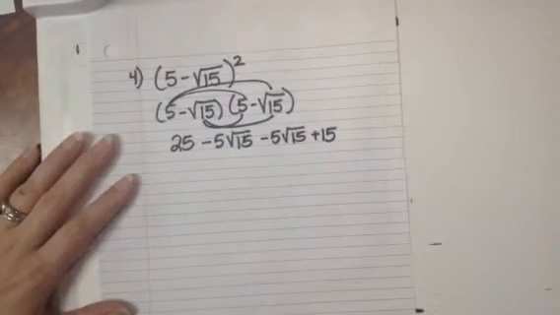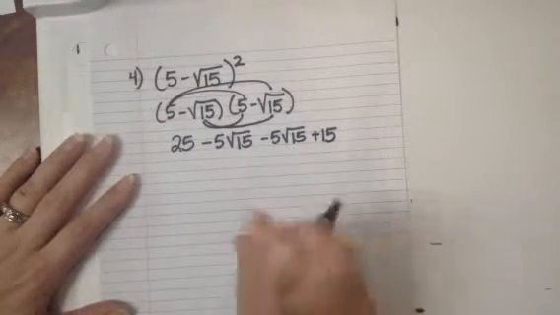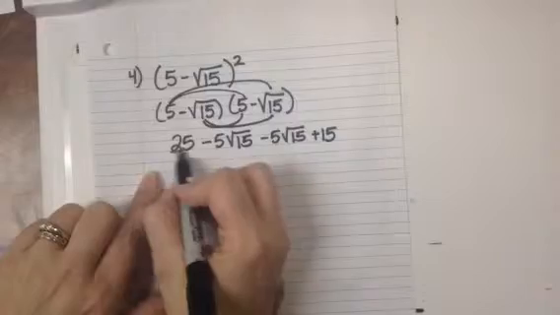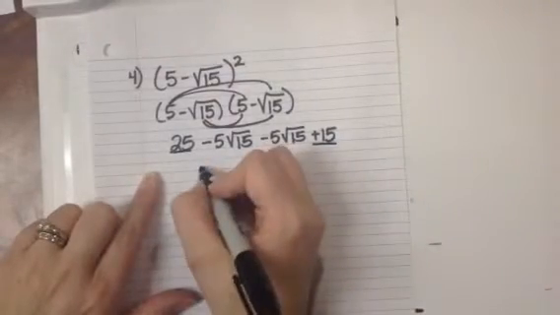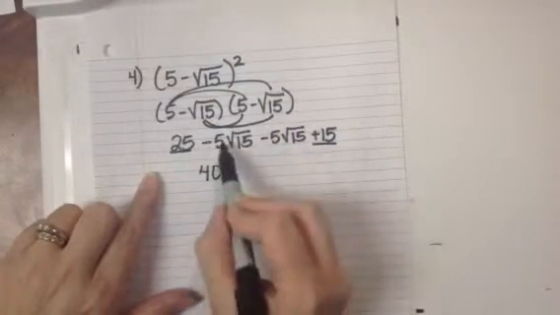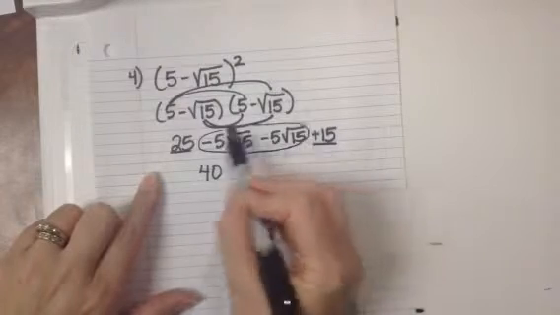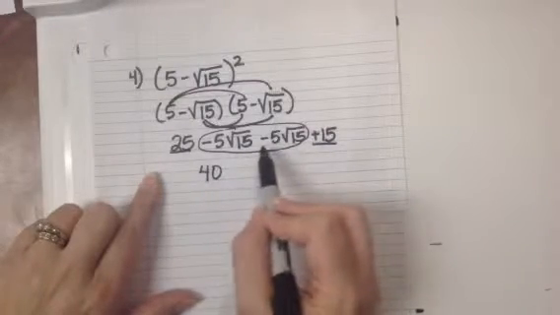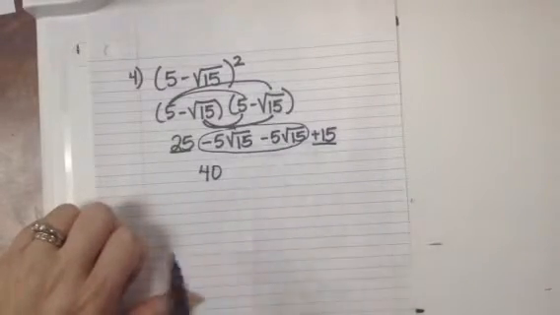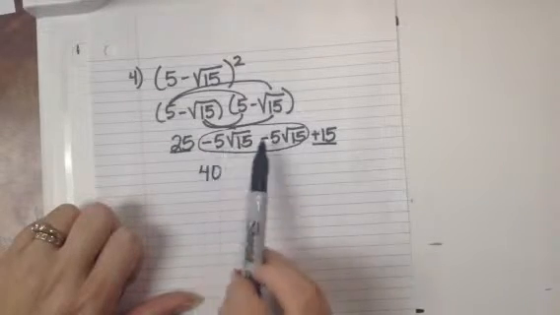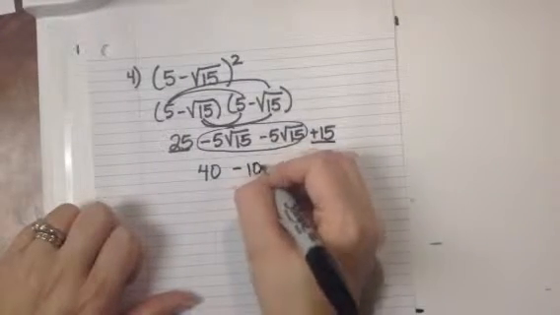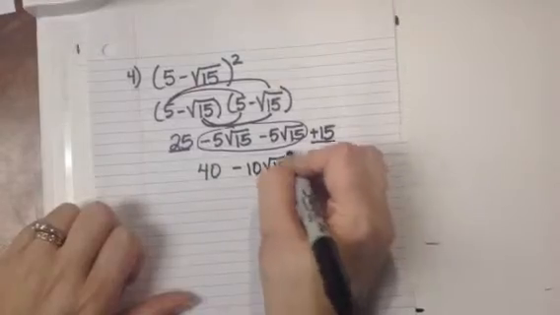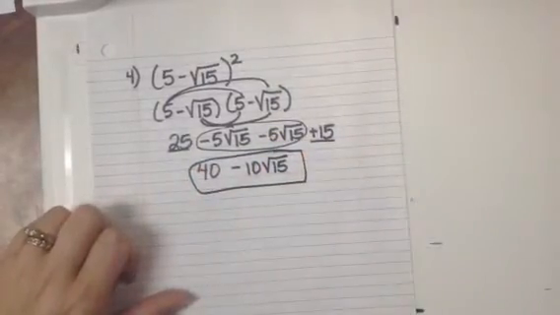Remember, any radical times itself is just the number. So, like terms, I see some like terms, 25 and 15. That's going to give me 40. Then this here in the middle, negative 5, this is using the rule before. If they're like radicals, I can add or subtract them. Negative 5 minus 5 is a negative 10 square root of 15 as my final answer.